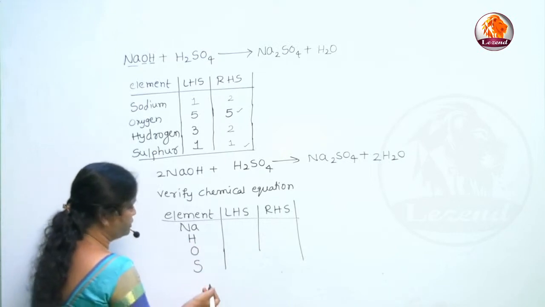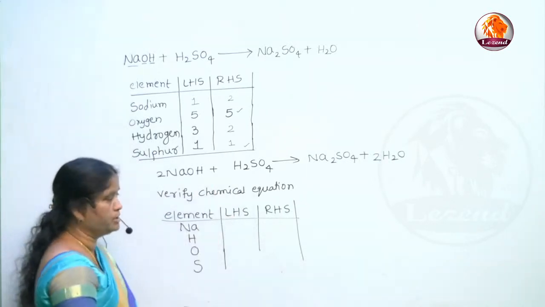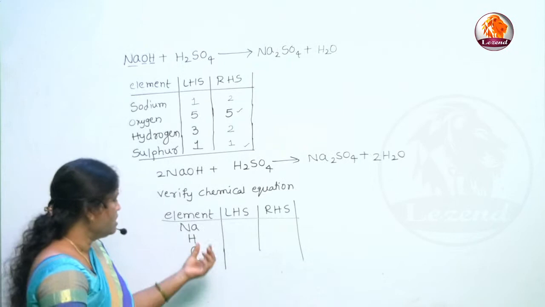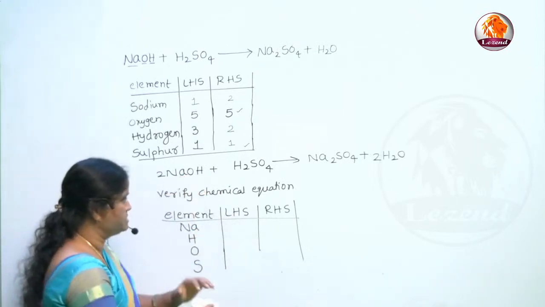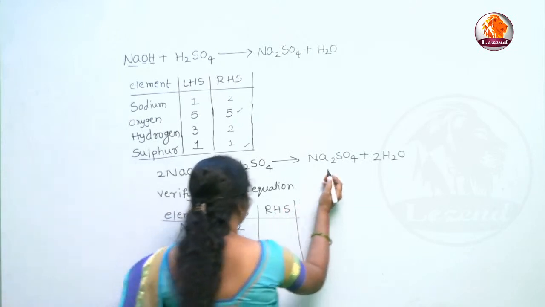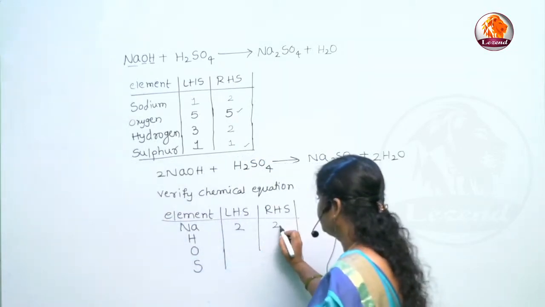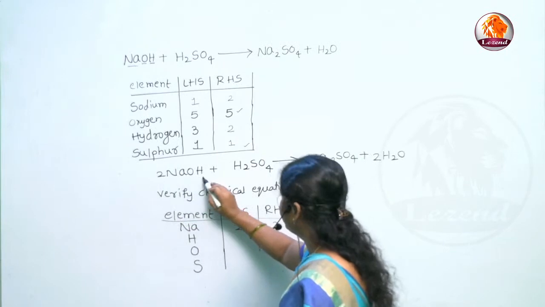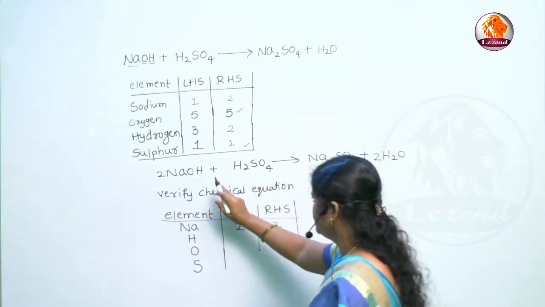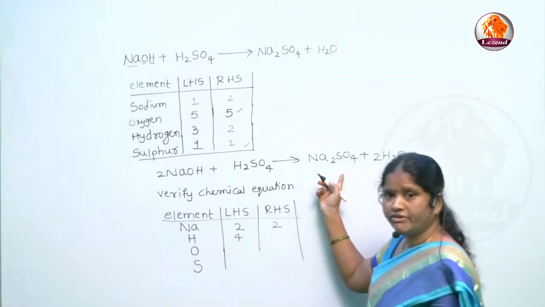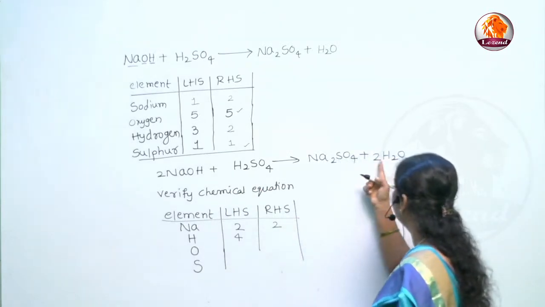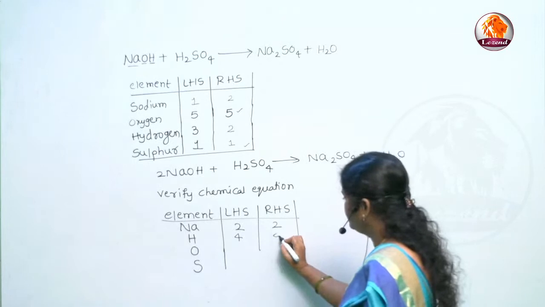We have four kinds of atoms. Now after balancing the given chemical equation, how many sodium atoms did we get at the left side? 2 sodium atoms. The right side also has 2 sodium atoms. Hydrogen, 2 hydrogens plus 2 in sulfuric acid. 2 plus 2, how many hydrogen atoms at the left side? 4. In the same way, on the right side also, in the water molecule, 2 2s are 4 hydrogen atoms.